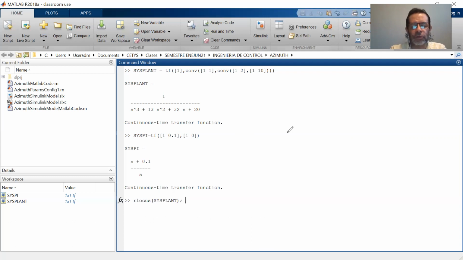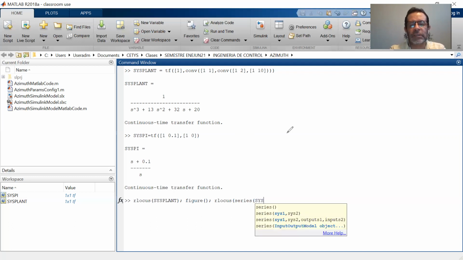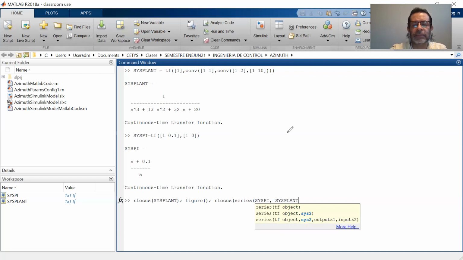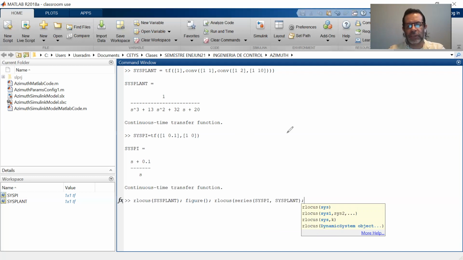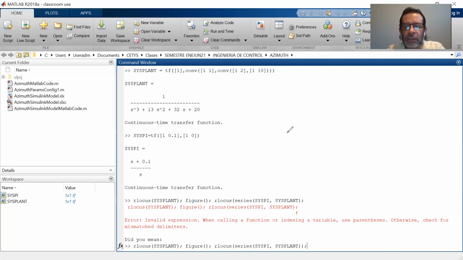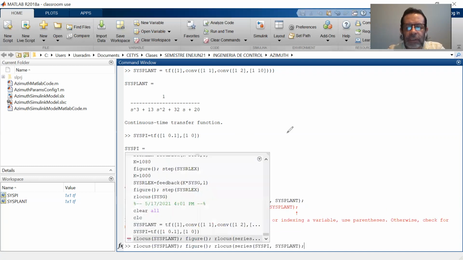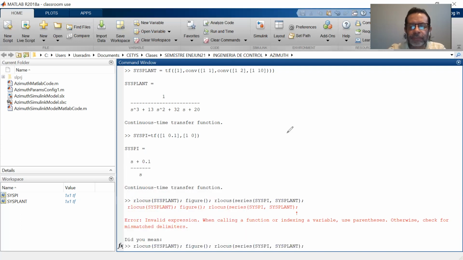And then I'm going to do both of them. I'm going to do root locus of the combination of sysPI and sysplant. And I'm going to see those two graphs and see how they look. Oh, I didn't close the parenthesis there. There we go.